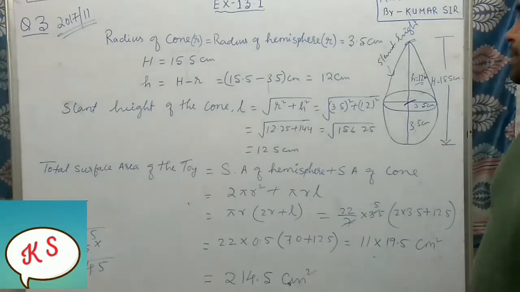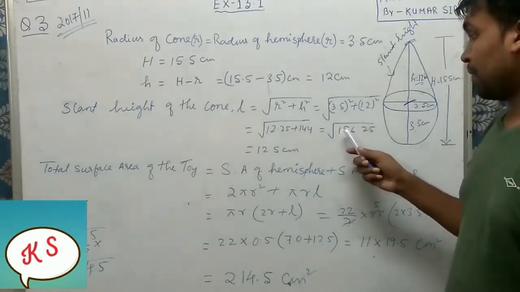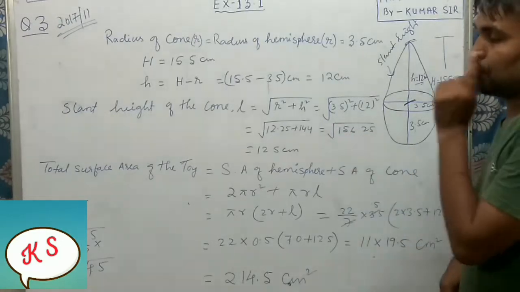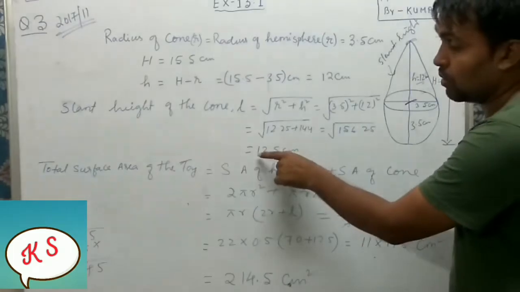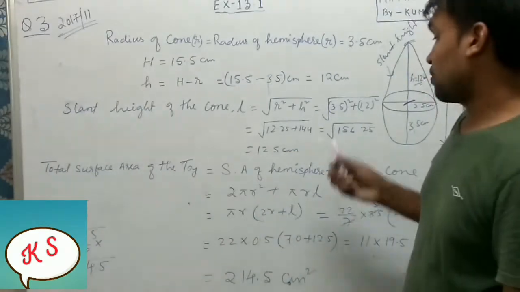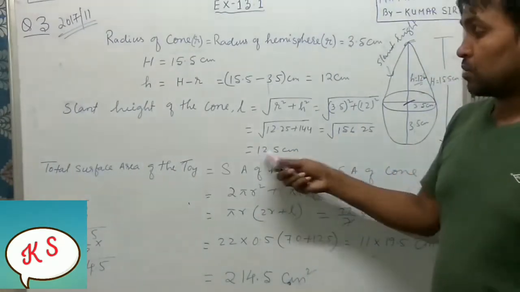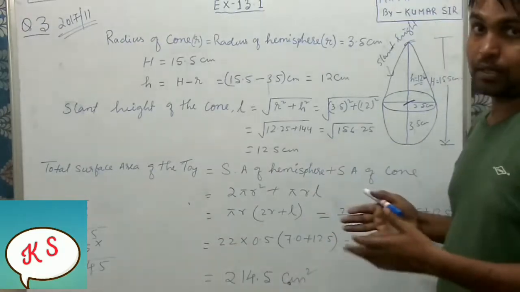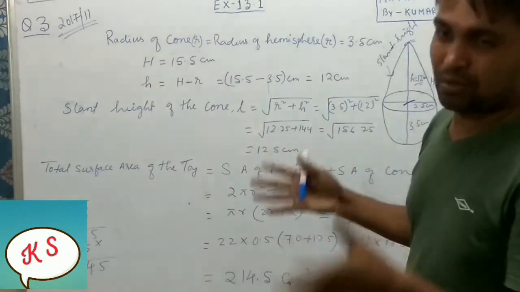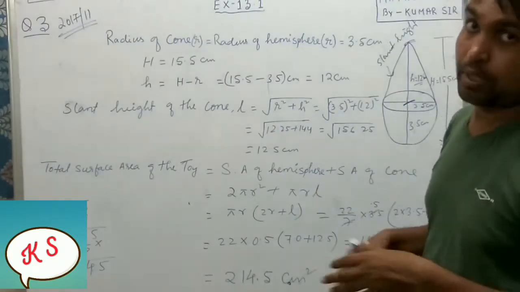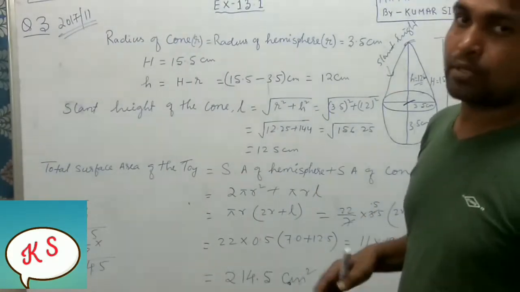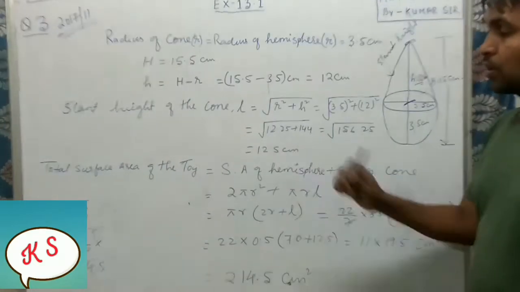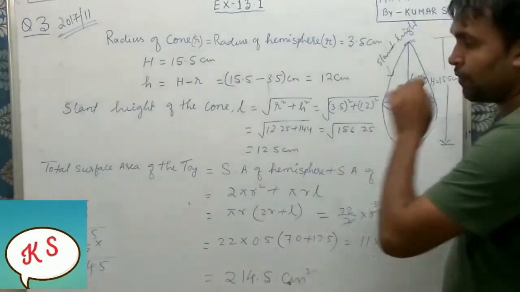When you add it up, you get 156.25. The square root of this is 12.5 centimeter. I am doing this directly because it will take longer if I go through the calculations, but at home, all of you, please try to calculate it. So we got the slant height 12.5 centimeter.